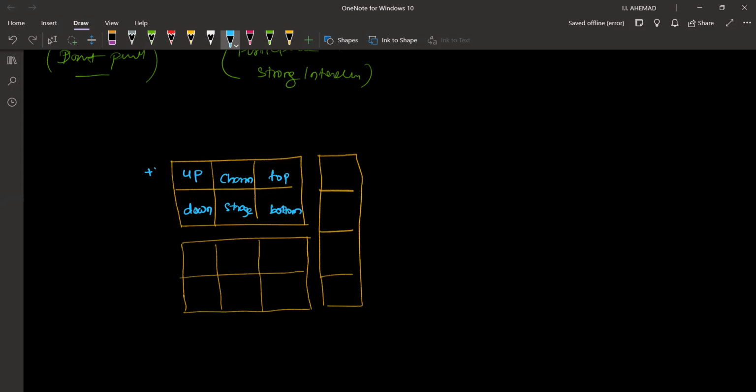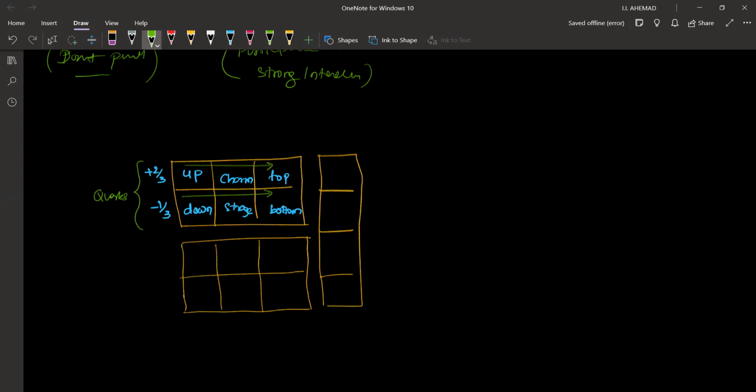And these quarks have charge plus 2 by 3. And these quarks have charge minus 1 by 3. This block is of quarks. And then we have leptons.